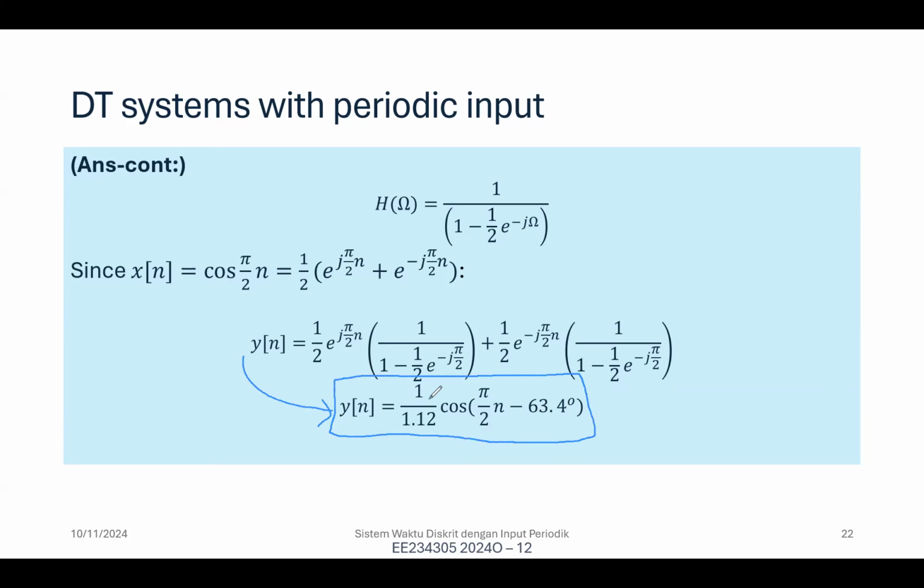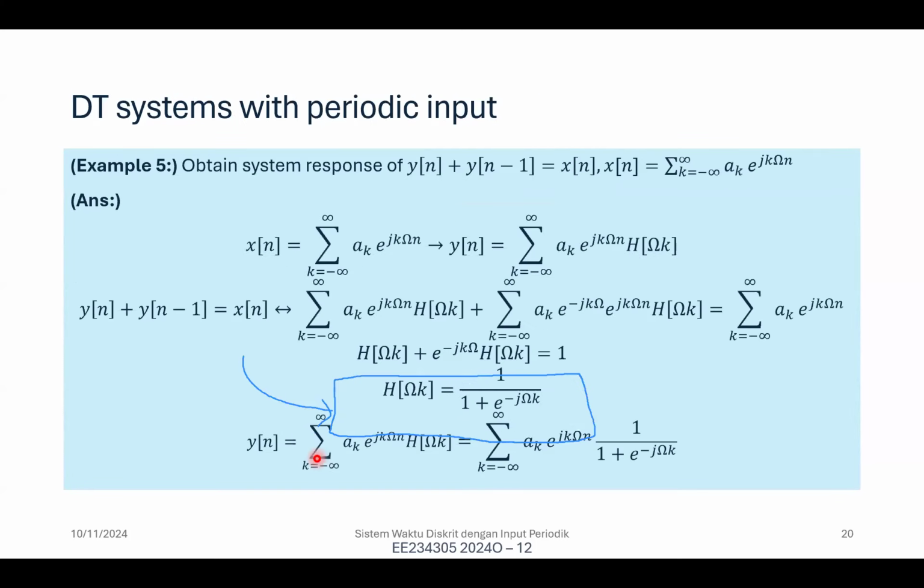So this y[n] is 1 over 1.12 cos(π/2 n minus 63.4 degrees). The difference with this is again, this is still a general form of the signal. Maybe you can call this an abstract form of the signal.